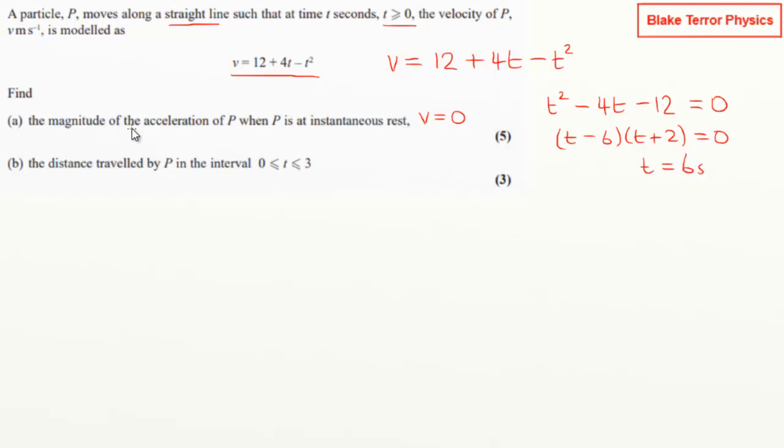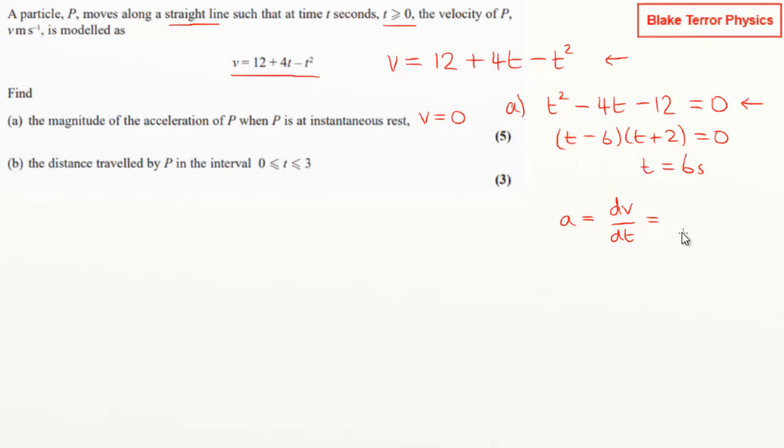And we need to find the magnitude of the acceleration when it's at time t equals 6 seconds. So the acceleration is the rate of change of the velocity, which is going to be differentiating, and we need to differentiate the original function, not this quadratic here, because I've multiplied everything by -1 there. I've done a transformation on that function.